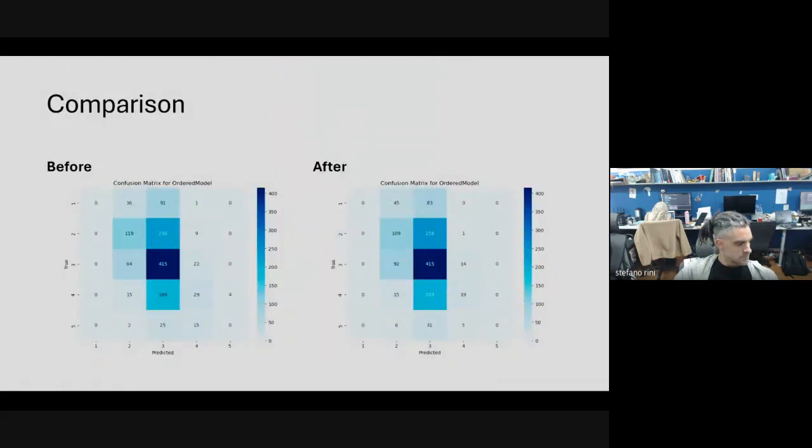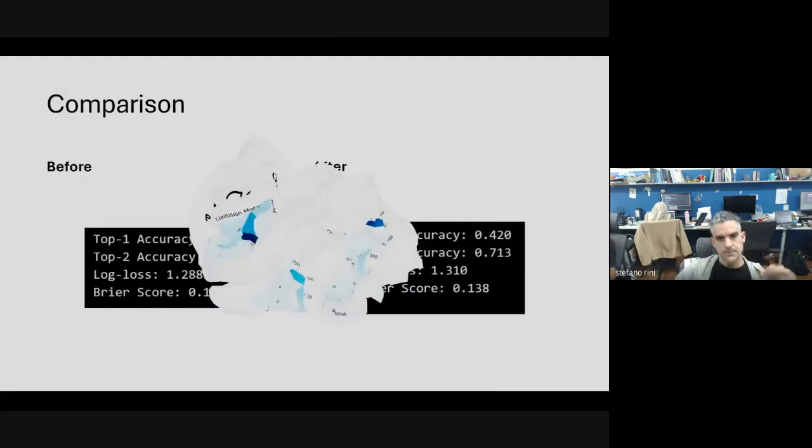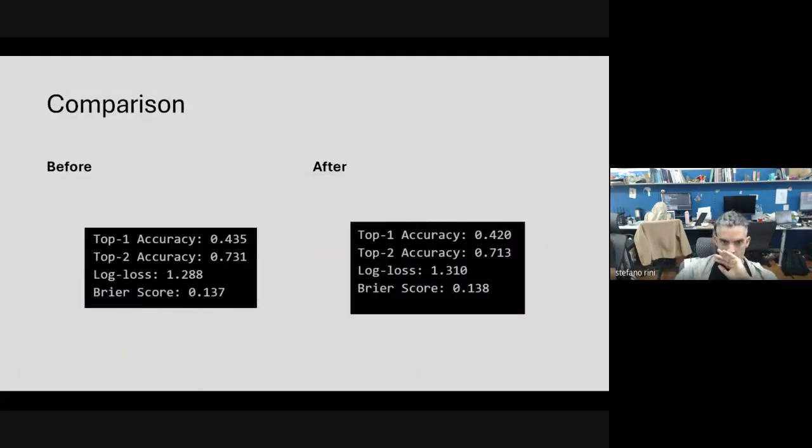But when we do this, we see mostly the same trend. We are narrowing our confusion matrix a bit more. But again, we are also degrading our accuracy a little bit more, but it is still comparable to what we had before. So it's still pretty nice.